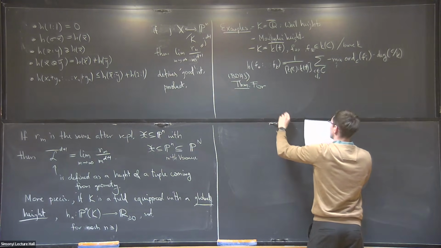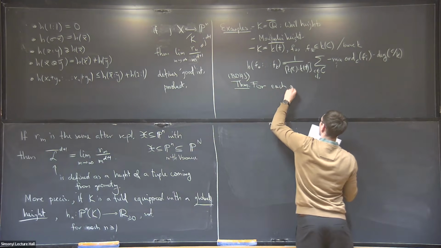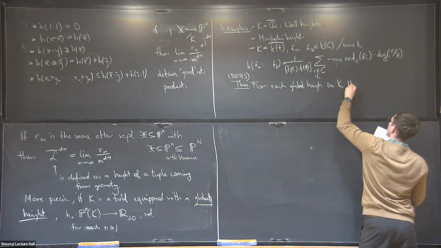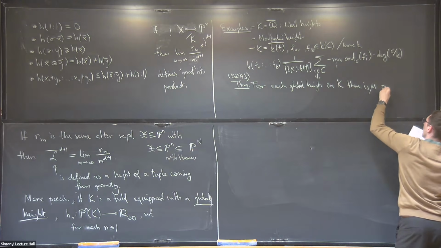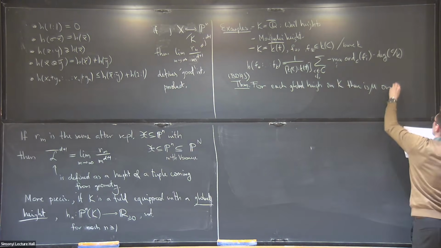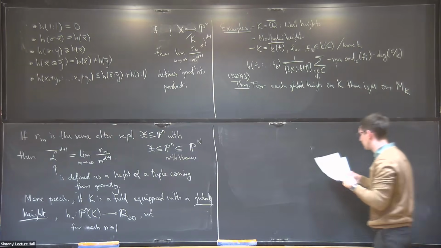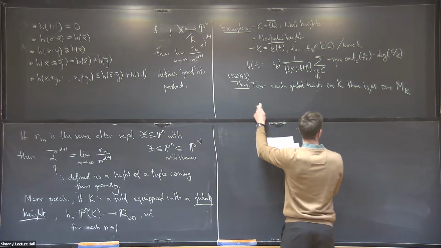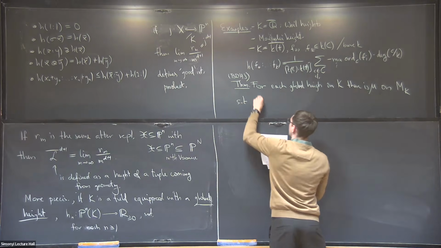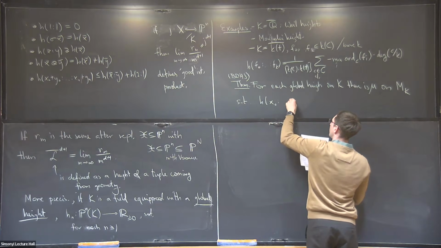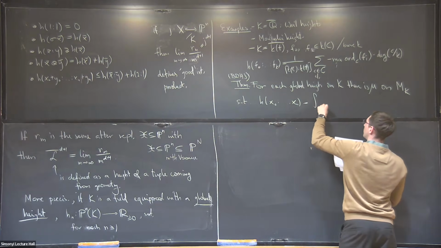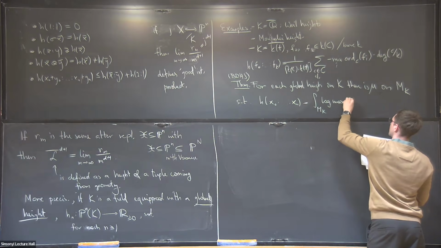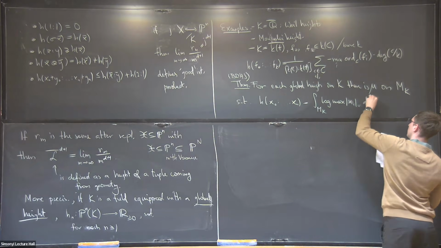It says that for each global height on any field, there is a measure mu, a regular Borel measure on the space of absolute values (multiplicative, triangle inequality, and norm of an element is 0 if and only if it's 0), such that the height of the tuple is given by the integral with respect to this measure of log max of the absolute values of the x_i.